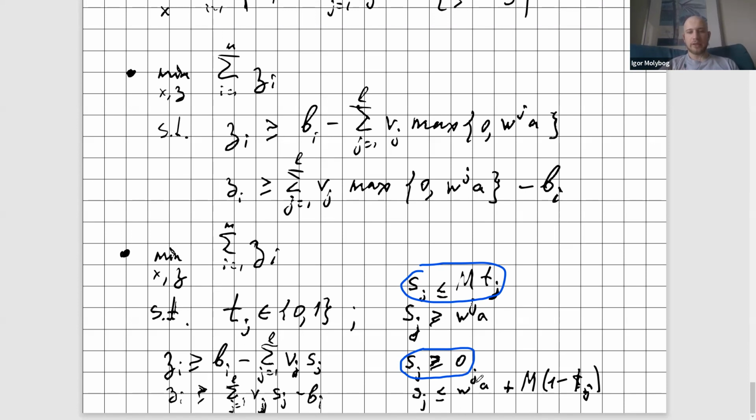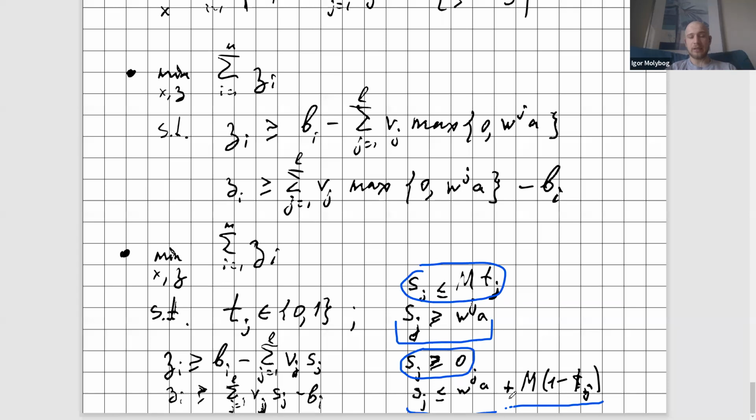Now we need to make sure that sj is greater than or equal than wja, just because it is a maximum between 0 and wja, so it cannot possibly be less than wja. It always has to be greater than or equal than wja. And lastly, we need to make sure that sj is less than or equal than wja plus m times 1 minus tj.